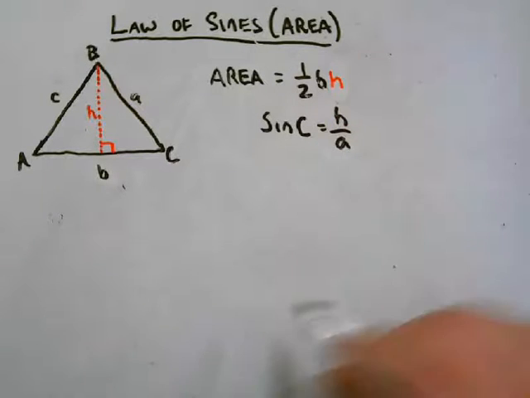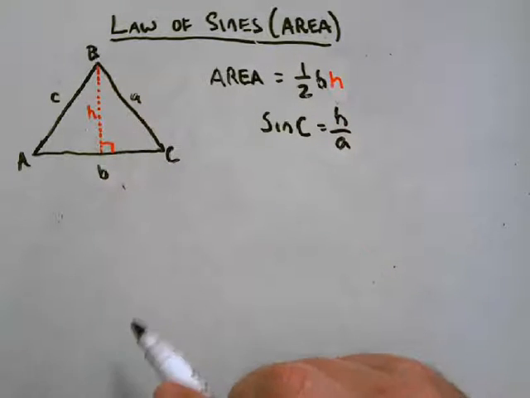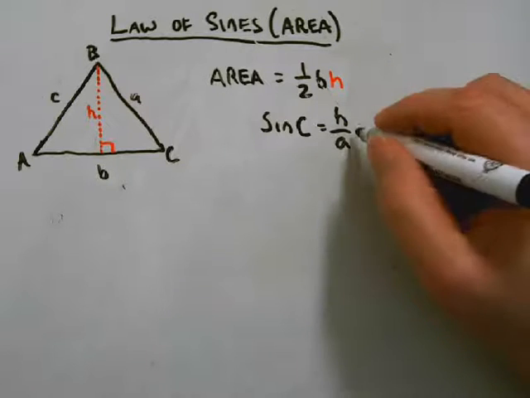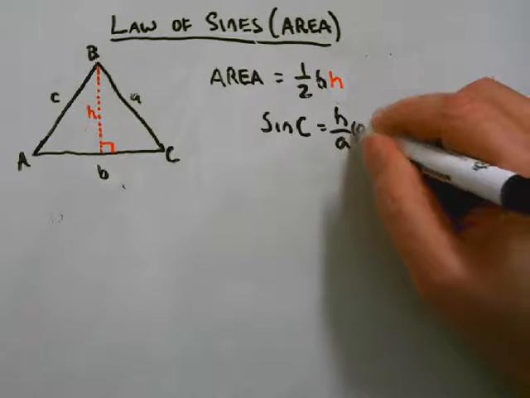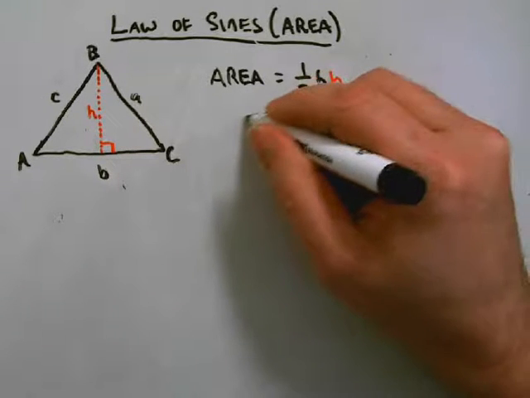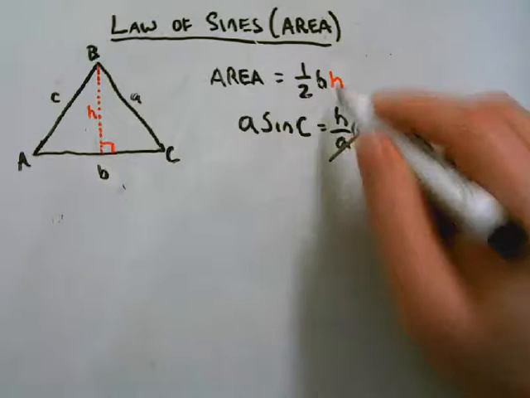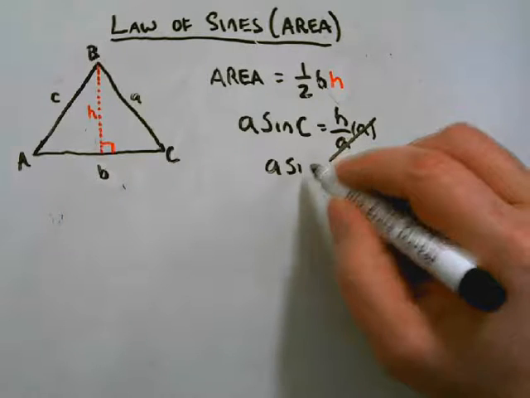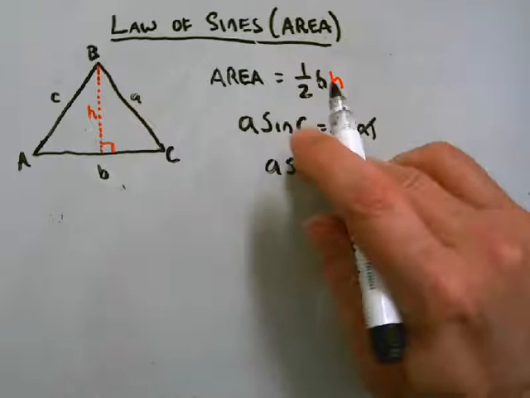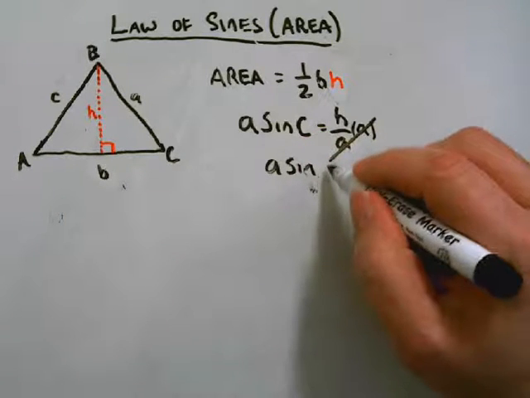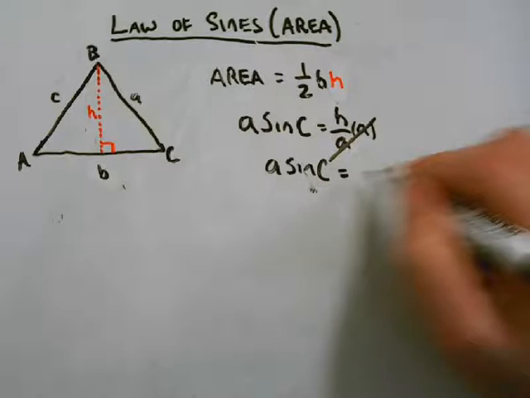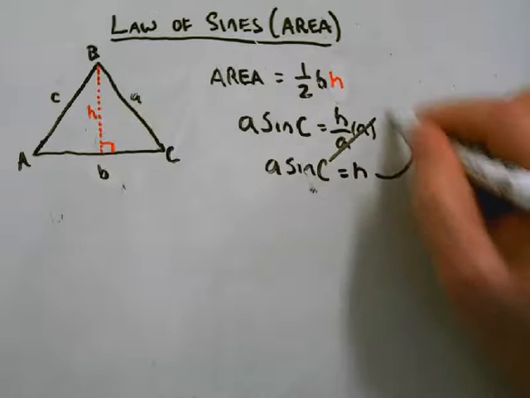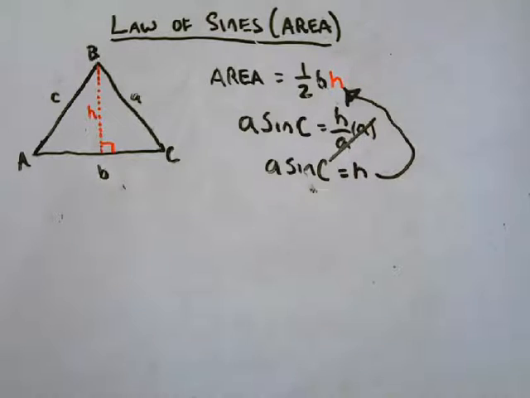Okay? And then if we were to solve for h, just by multiplying both sides by a, we now see that a sine C is equal to h. And we can substitute that into the old area formula.